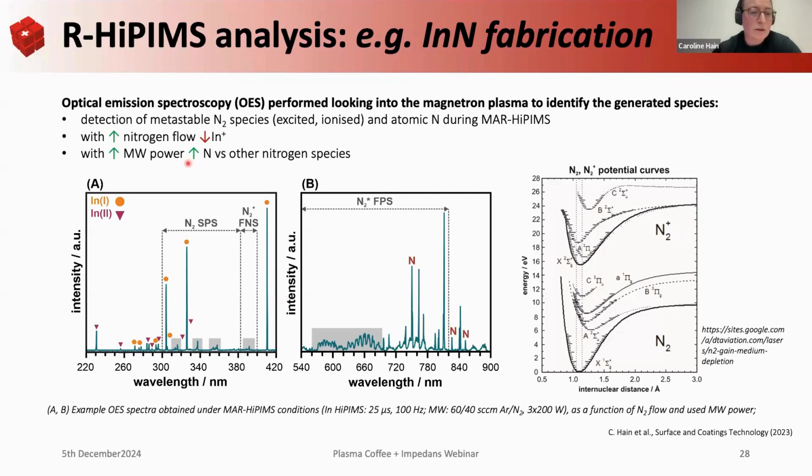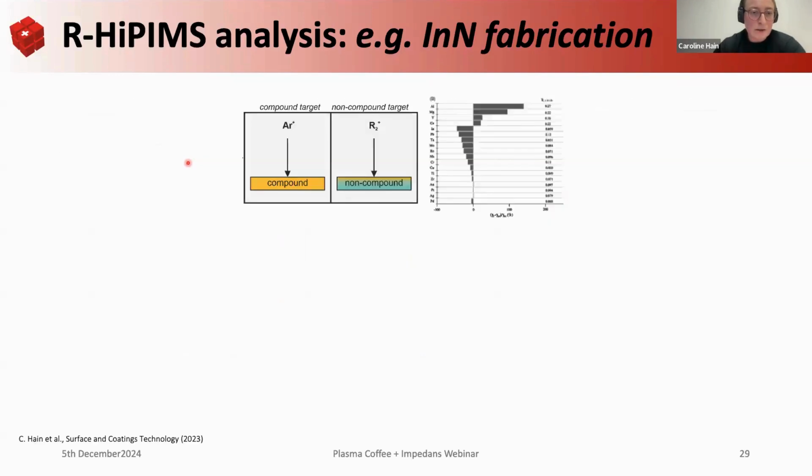And with the increase in microwave power, we're generating more atomic nitrogen in comparison to all other nitrogen species, which is beneficial if you look at the terms of creating a stoichiometric film. So with that, we can shortly summarize to understand what's happening at the magnetron, or the discharge conditions, right?